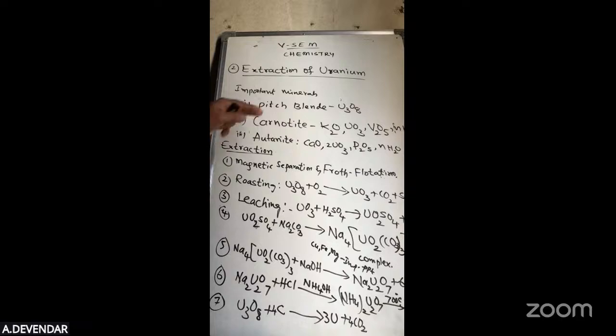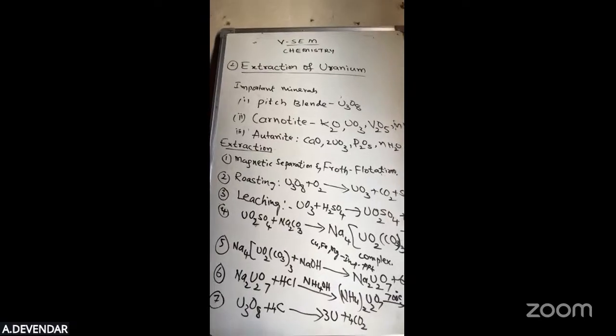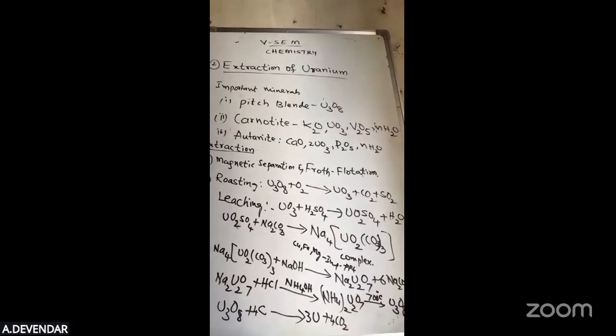The main important thing is the minerals. We have three minerals: pitchblende, and also orthite and autunite.